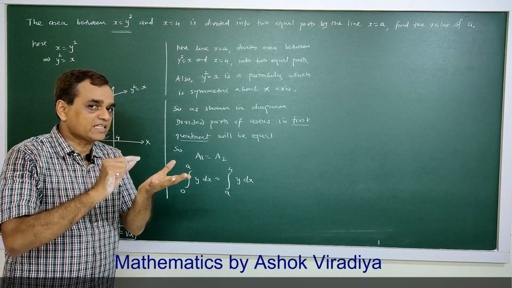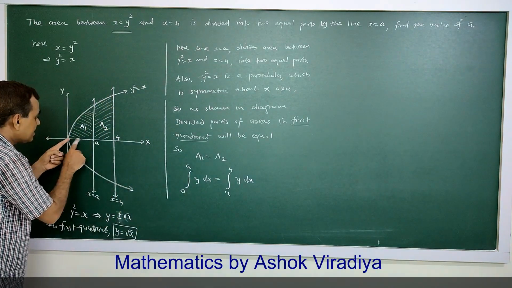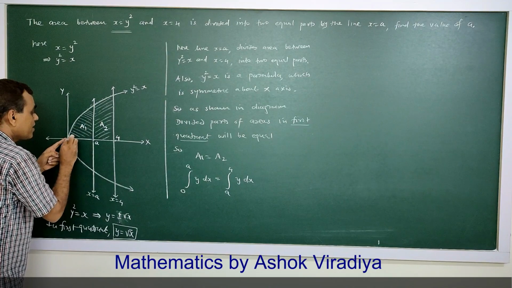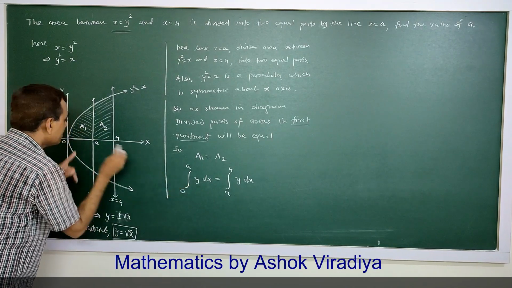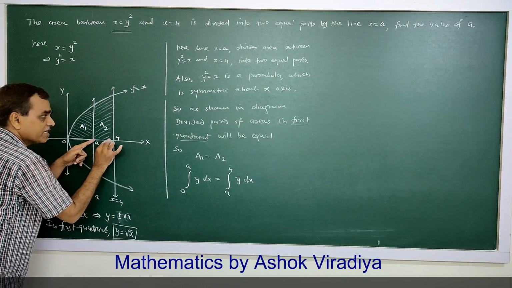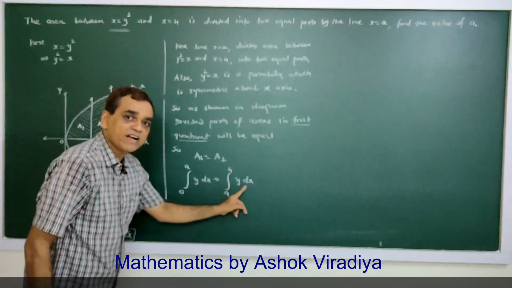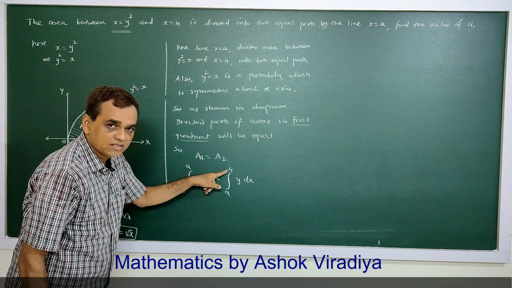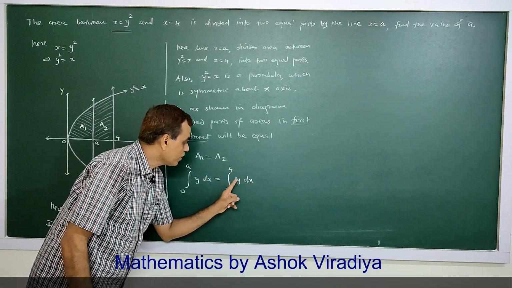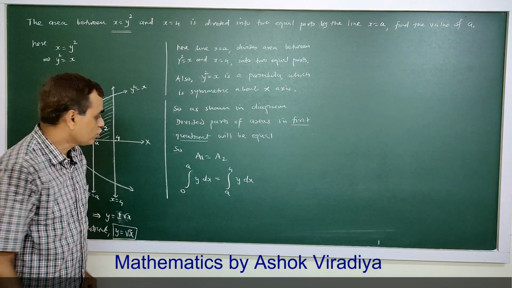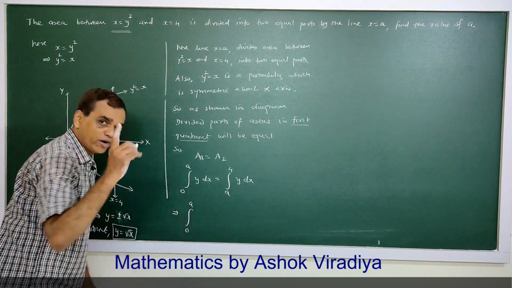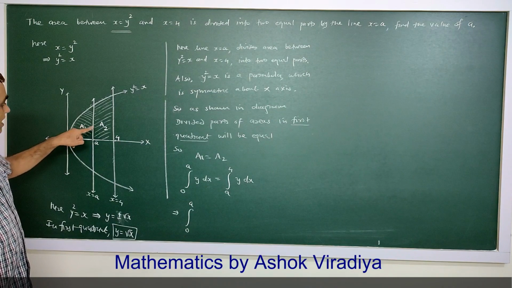Here the x-axis is a boundary of both regions, so we use dx, and put the minimum and maximum x as limits.